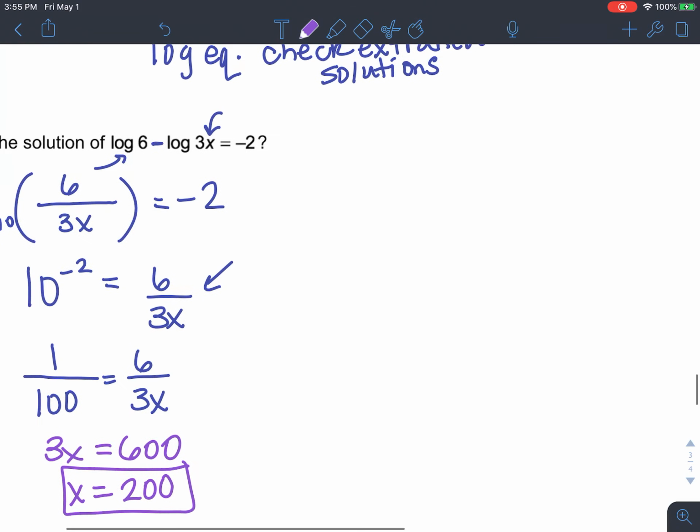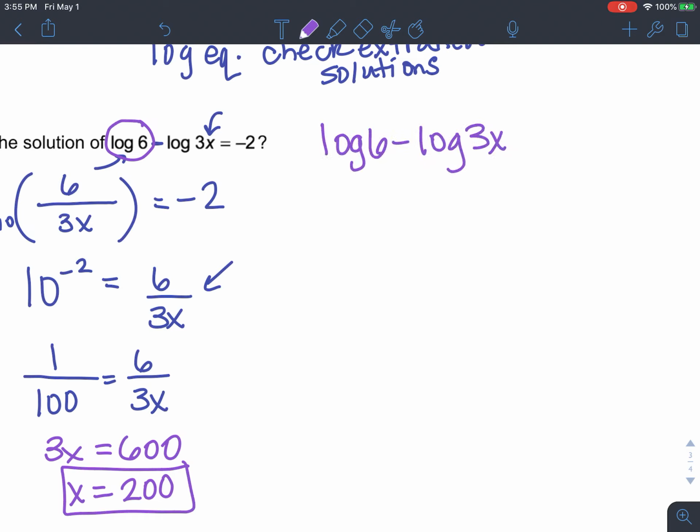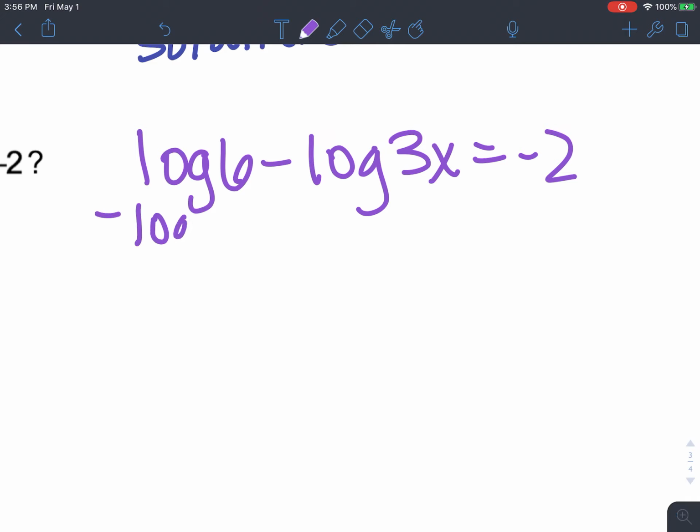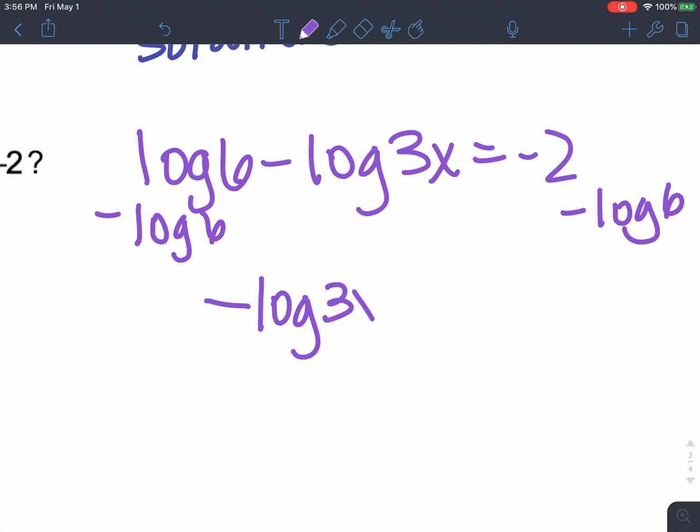Another way we could have done it was, there's no variable in this log, is there? As long as there's no variable in that log, you could just subtract it to the other side immediately. You could just subtract log 6. That'll leave me with negative log 3x equals negative 2 minus log 6.